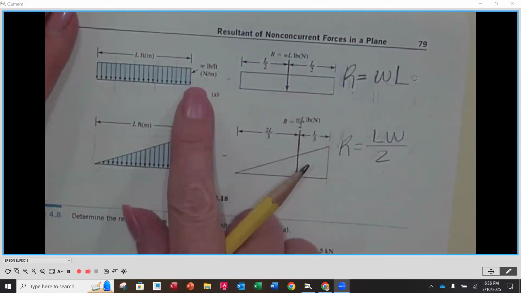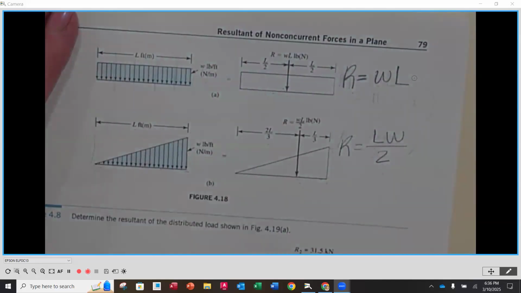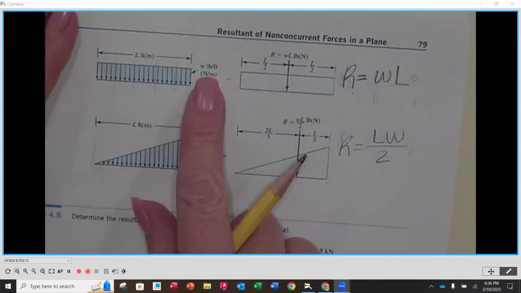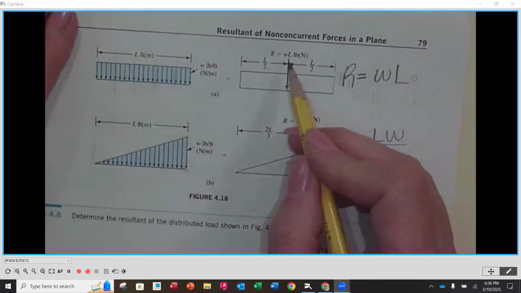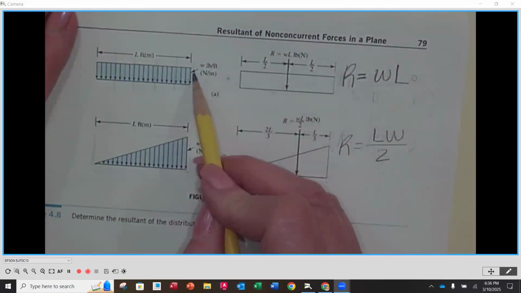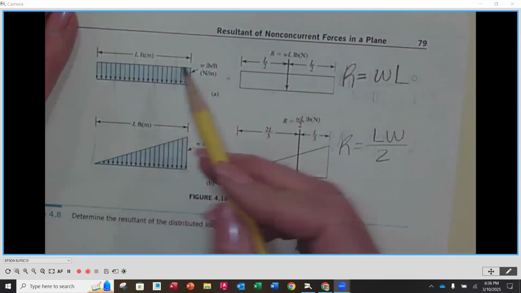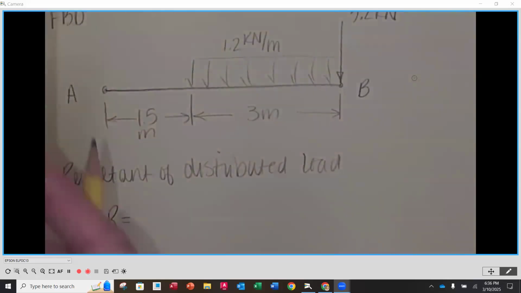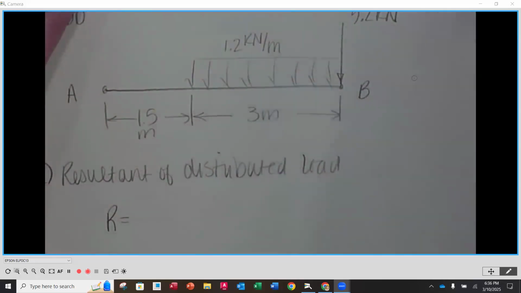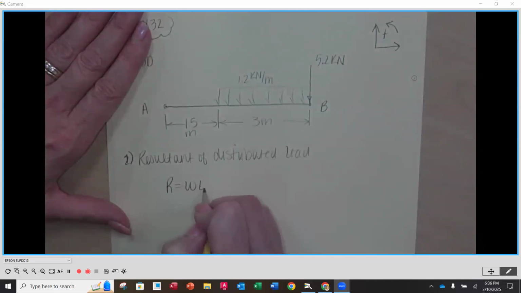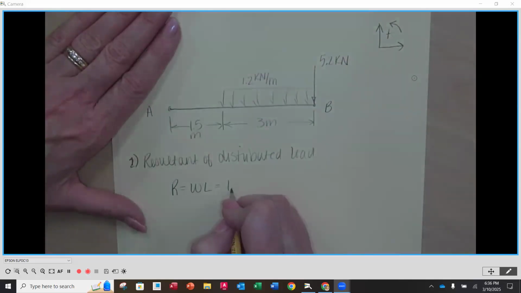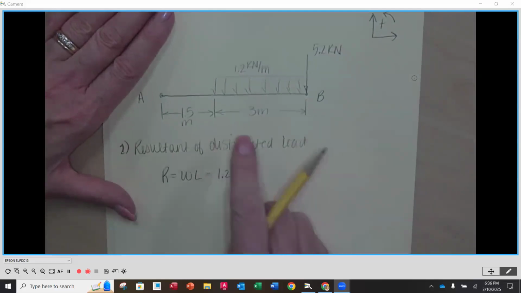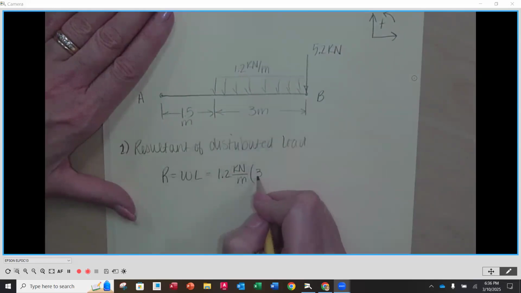This is W, like the weight in pounds per foot, or in our case, newtons per meter, and then this is the length. To find the resultant, the equivalent load, we take W times the overall length. The W in our case is 1.2. So R is W times length. We take 1.2 kilonewtons per meter and multiply it by the overall length of 3 meters.